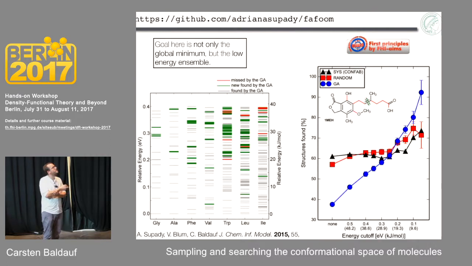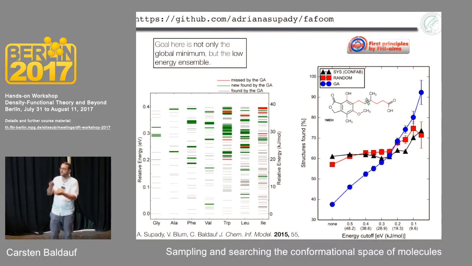And then we see which approach, for example the random search, finds most of them within a certain energy window. And we see that overall, without such an energy cutoff, the random search works better than the GA search. But when we lower this cutoff window, we see that there's a point where the GA takes over.